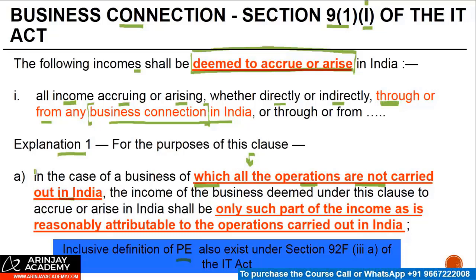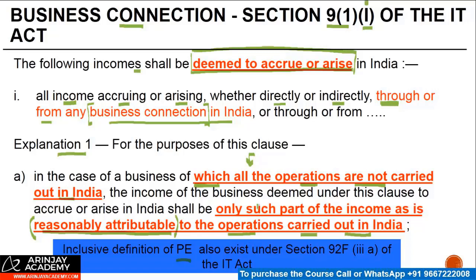So if you are purchasing goods in India and you are selling goods in India, all the operations are carried out in India, then basically everything has to be taxable in India. But if all the operations are not carried out in India, the income of the business deemed under this clause to accrue or arise in India shall be only such part of the income as is reasonably attributable to the operations carried out in India. So what you need to do in this case is find out how much is a reasonable attribution of the income to India.